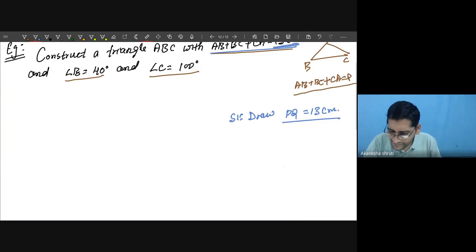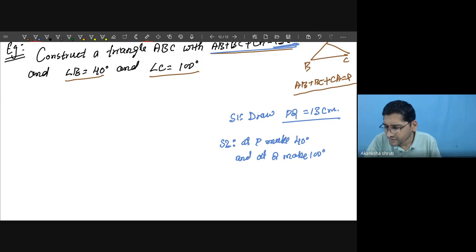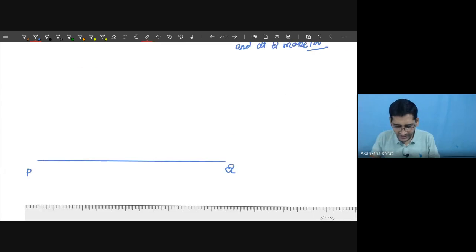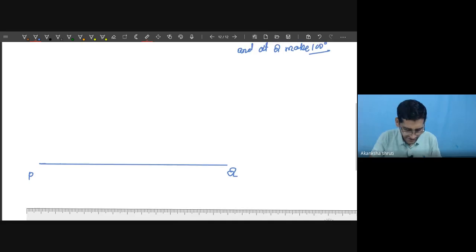So students, step number 2: at P make 40 degree, and at Q you have to make 100 degree. Whatever the two angles are given, you have to draw at the two ends. Get it? So take a ray and make it.